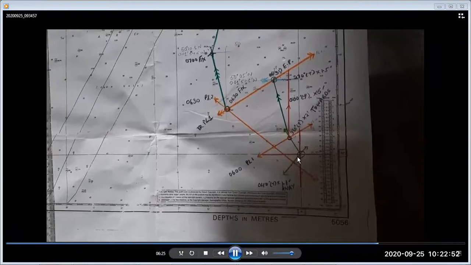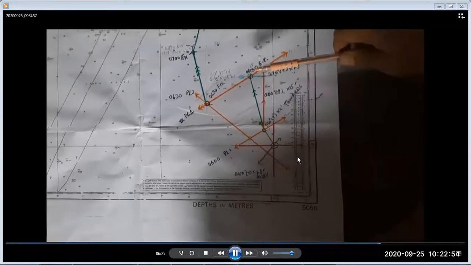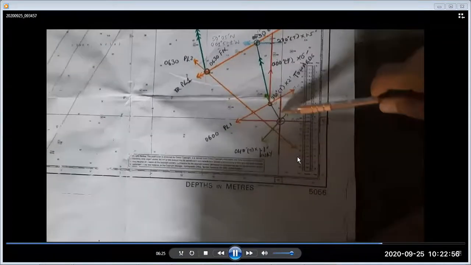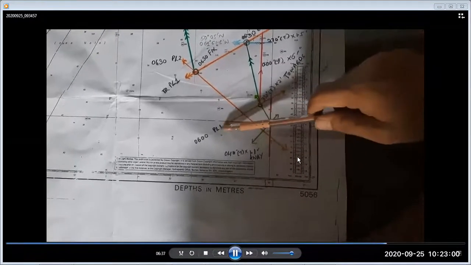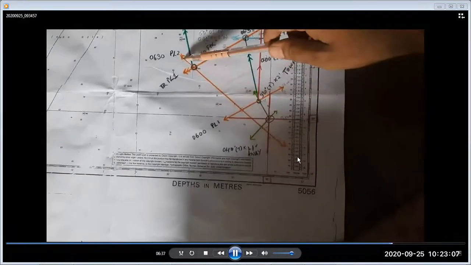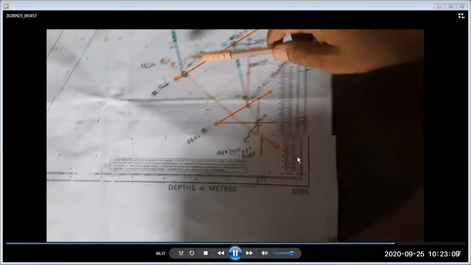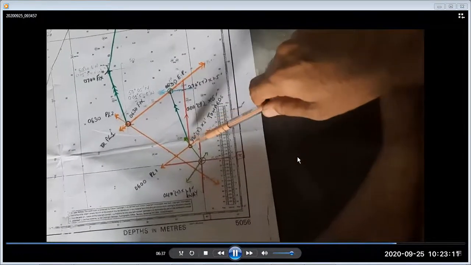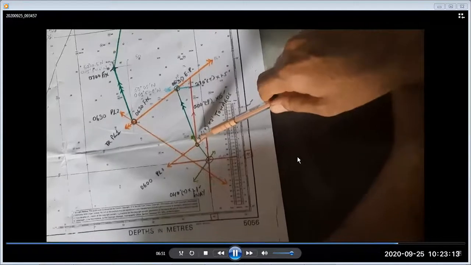And just let's see the revision. So we were given the DR, we plotted the intercept, the first PL, the 0600 PL, and the second PL, and this is our second PL, 1 mile away. And then we assumed any point on the first PL, like a running fix where we have the two PLs.